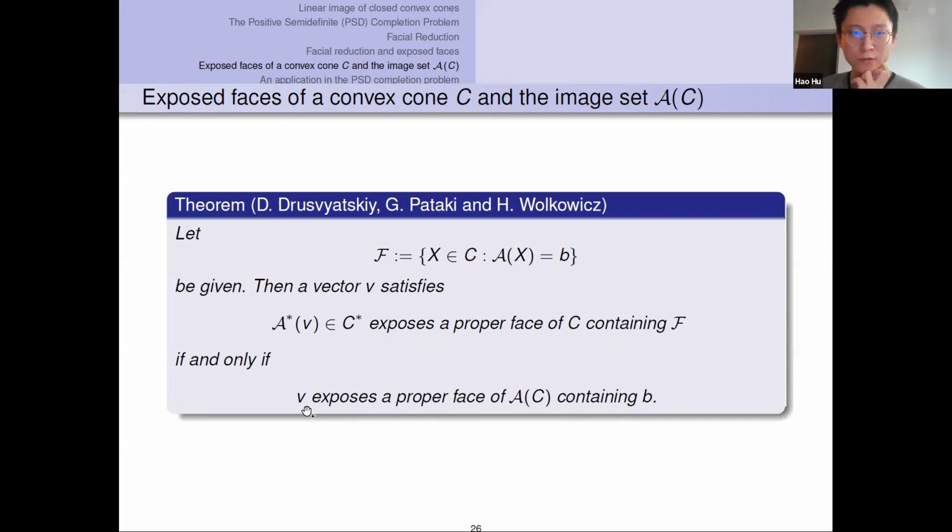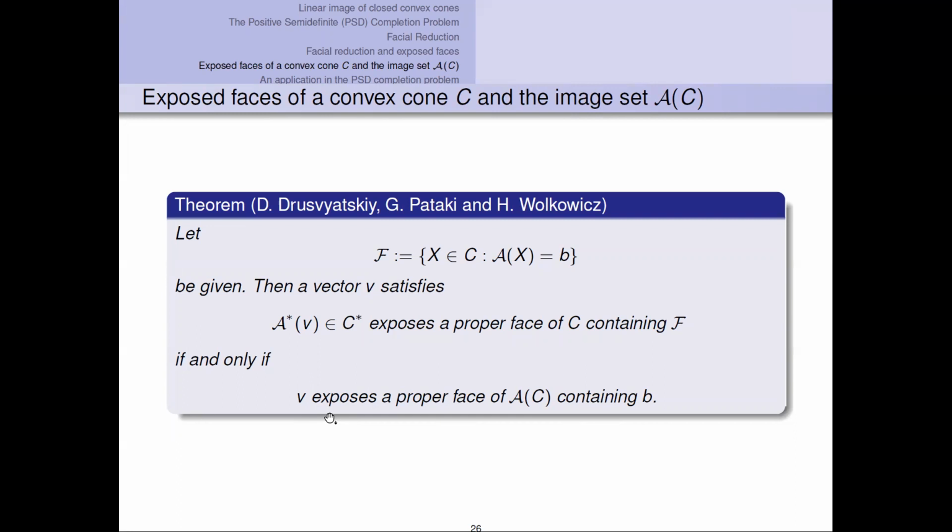There's no auxiliary problem, but you only think about if the minimal face is not exposed, then you find the exposing vector and expose the face containing this minimal face, and then you treat this face as a cone. And if the minimal face is still not exposed in this bigger face, then you do it again, until the minimal face becomes facially exposed in the bigger face. So that's the definition of the singularity degree of the linear image.